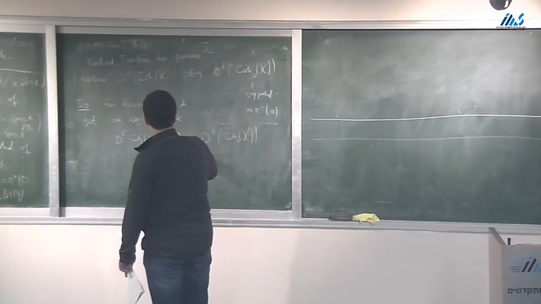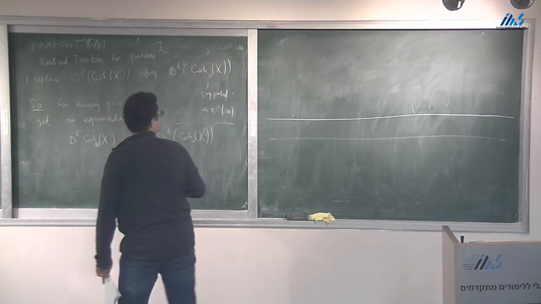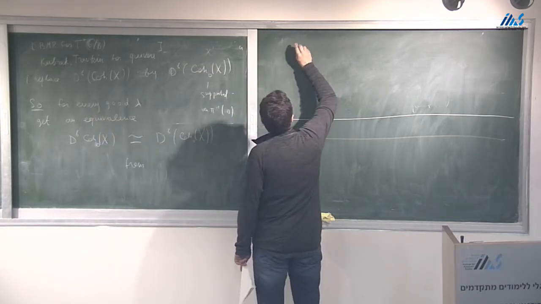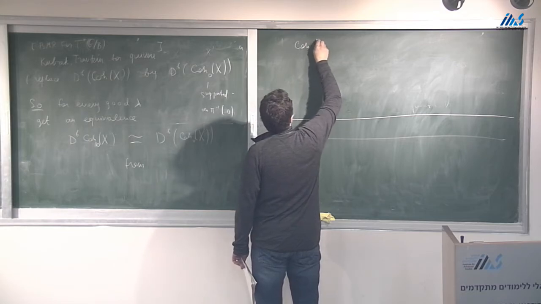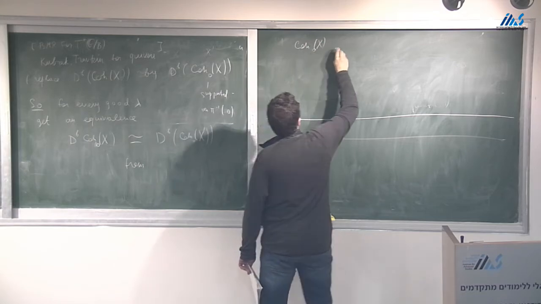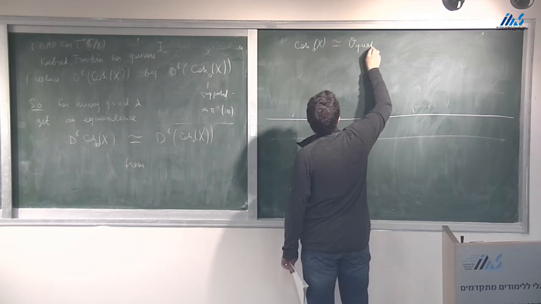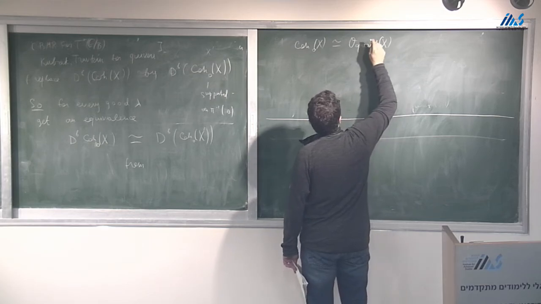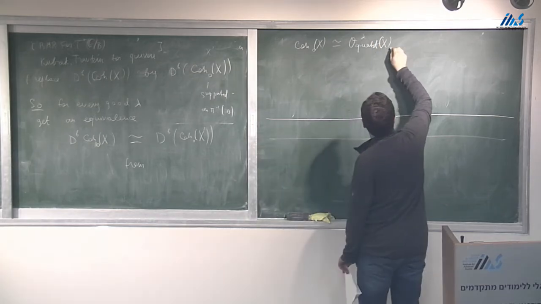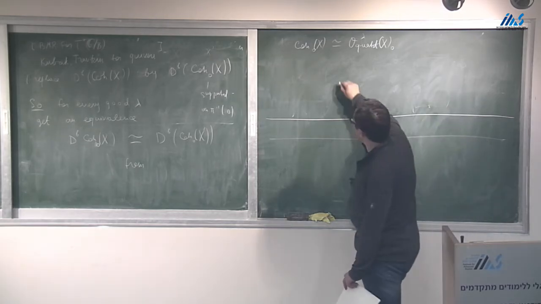So we get it from: Coh of X_0 is identified with modules over the quantization of X_lambda, and we can put a 0 somewhere to indicate the support condition, and the same for X prime.